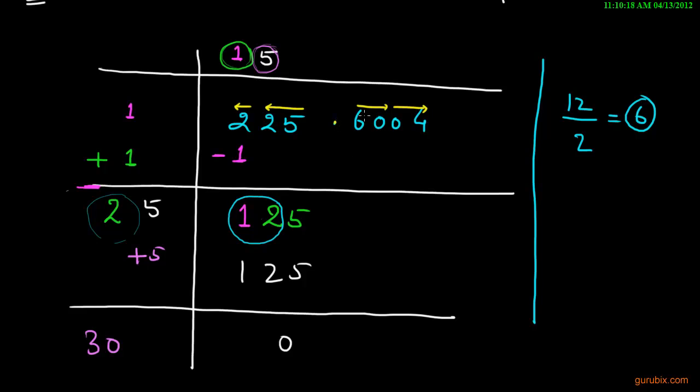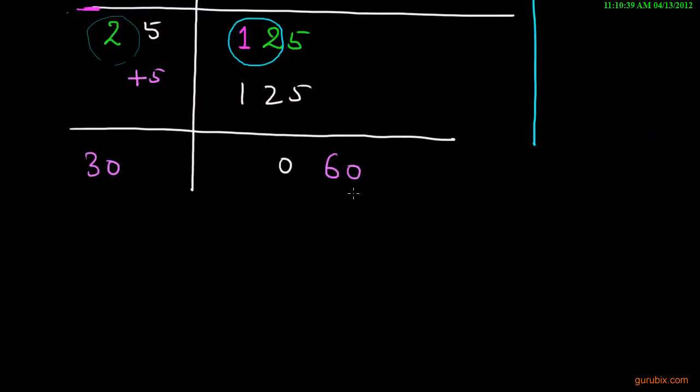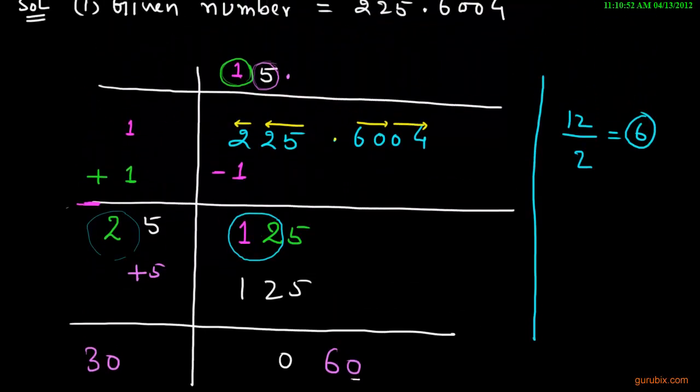here, before bringing down the next period, here is the decimal point, so we shall write the decimal point here and bring down the next period, and that is 60. If we keep away this unit digit, then the number is 6, and we see that 6 is less than 30, so we cannot divide 6 by 30, so we shall put a 0 here and bring down the next period, and that is 04.